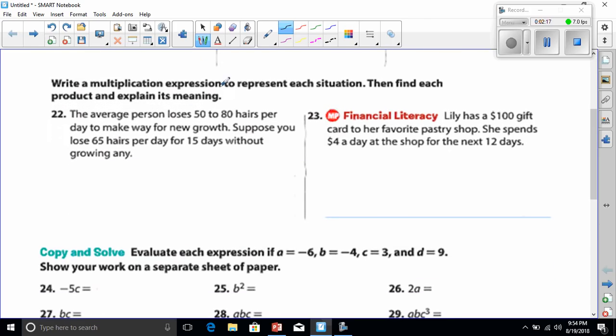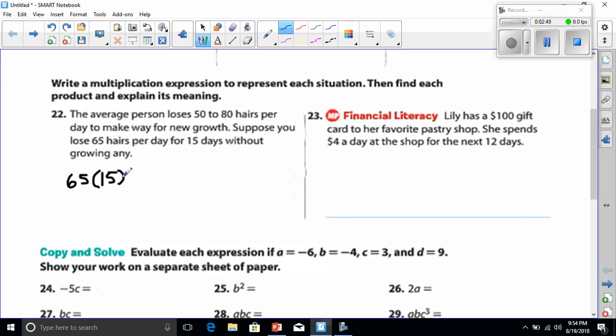Write a multiplication expression to represent each situation and find each product and explain the meaning. An average person loses 50 to 80 hairs per day to make way for new growth. Suppose you lose 65 hairs per day for 15 days without growing any. Well, what equation can we make for this? They said that we're going to lose 65 hairs, and they said there would be 15 days involved.